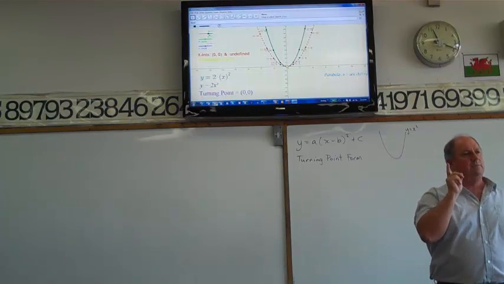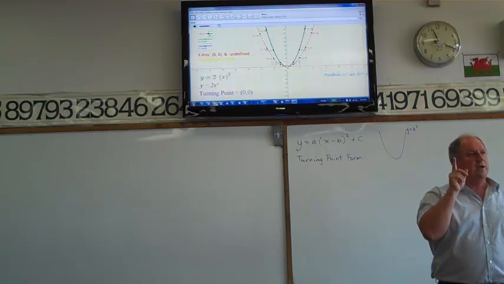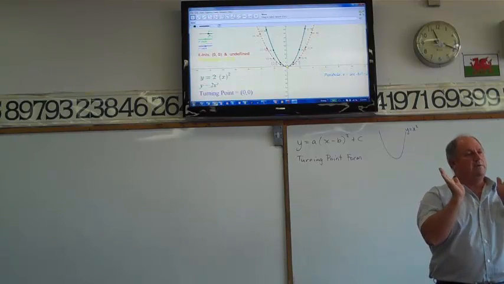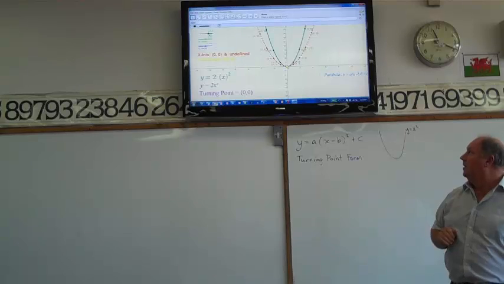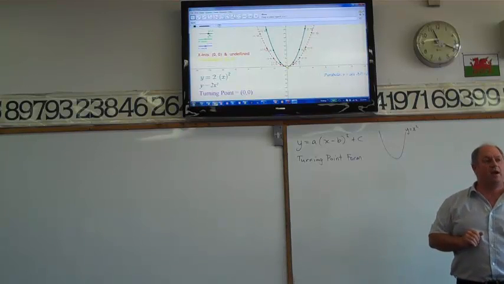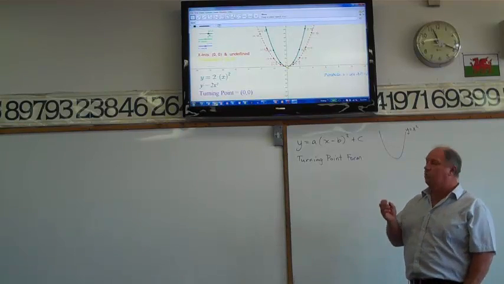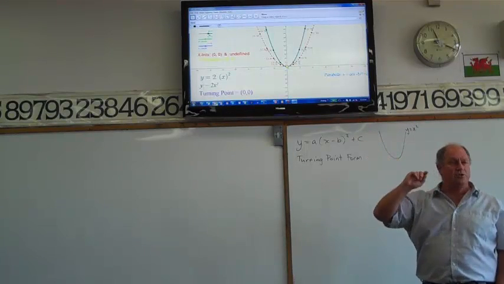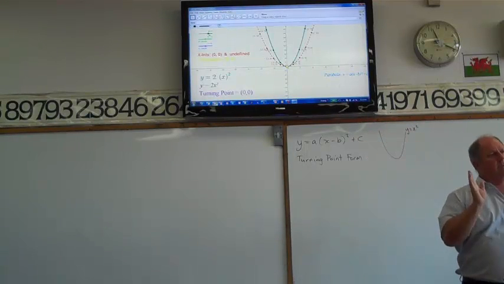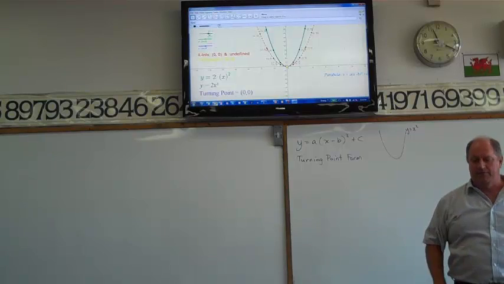It's still got the same intercepts, still the same shape. How would you describe its shape compared to the original one? Narrower. So that's the word we actually use in this case, it's narrower. When you get to year 11, year 12, we talk about transforming the graph, so dilations, or we talk about making a bigger makes the graph narrower.